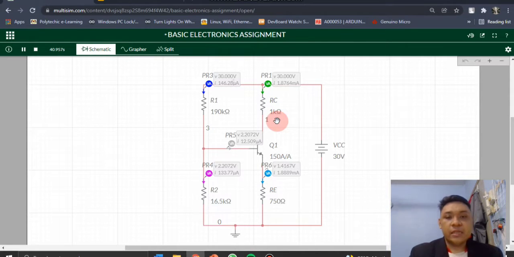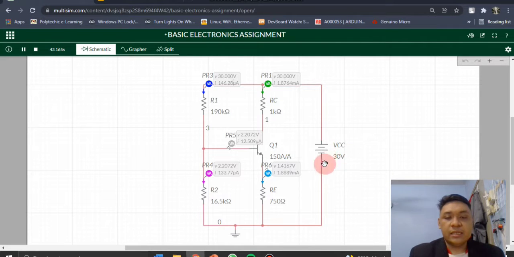So how to find it? By using Ohm's law, VCC minus VC over IC, which we already know is 2 milliampere.